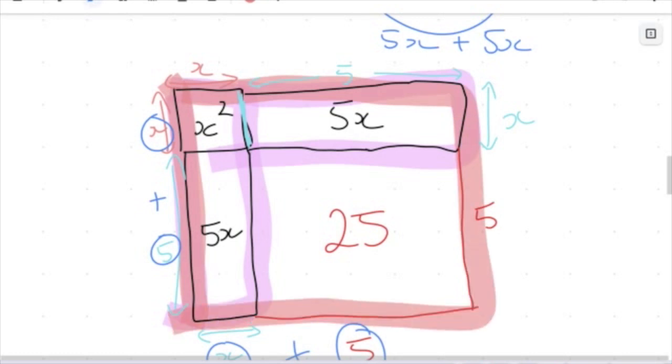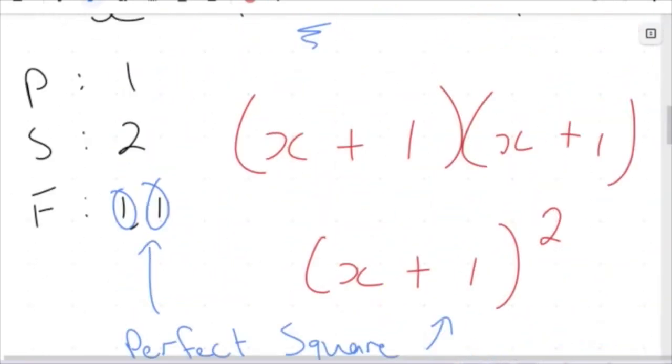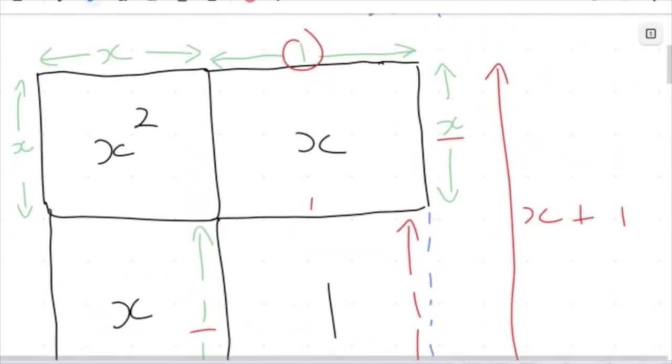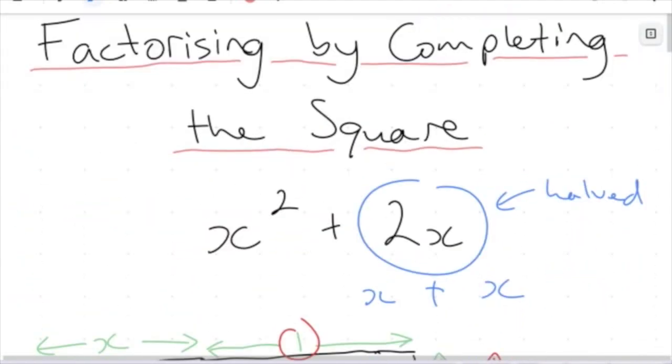Now, all this writing looks really intimidating, and I understand, I did this once in school as well, but we are looking at this process that breaks these things down into smaller bits that we can work through. And this is how we can think about starting to factorize by completing the square.